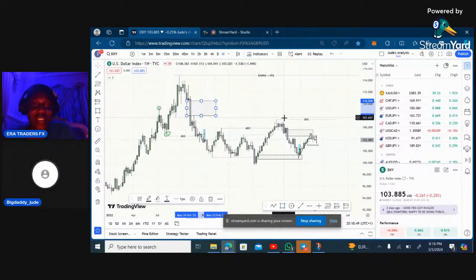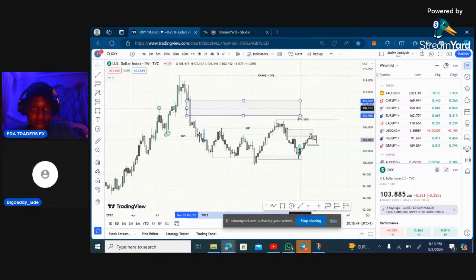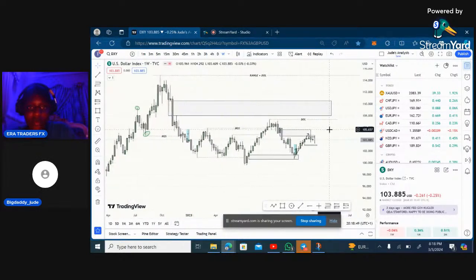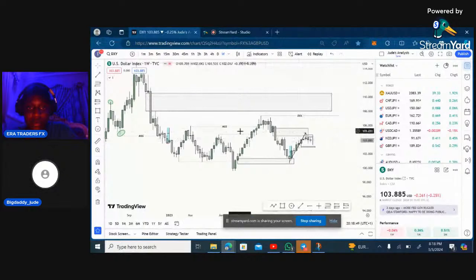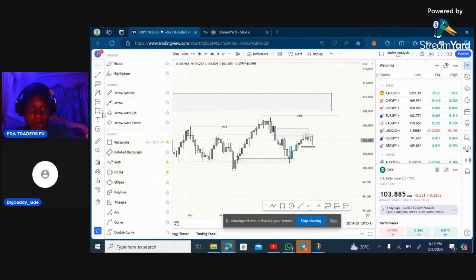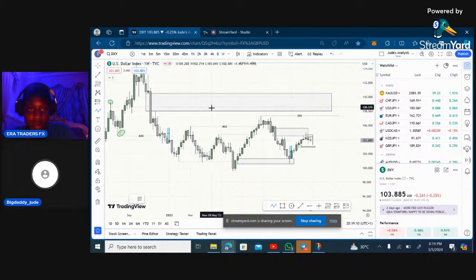So you're expecting this imbalance to hold price. If the market moves up to this point and you see a little reaction, now let me use a pen to explain what I mean. Imbalances are also valid points in the markets that can hold price, right?